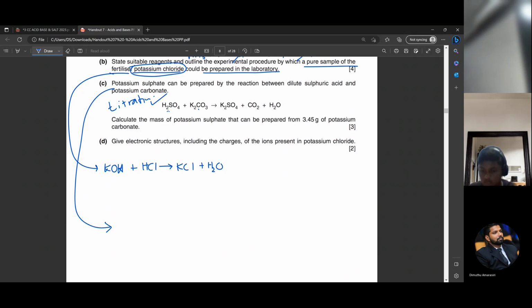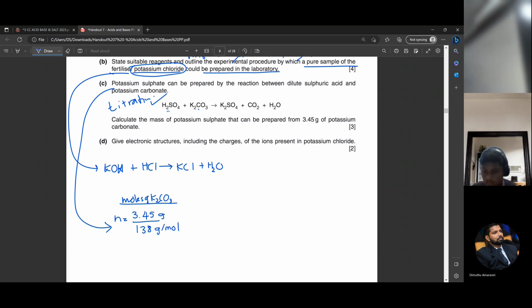Calculate the mass of potassium sulfate that can be produced from the potassium carbonate. I don't think these are hard calculations. Let's do it anyway. Moles of potassium carbonate is what you need to find first. That is n equals m over capital M, 3.45. Potassium carbonate molar mass: 39, 78, 48, 138 grams per mole.